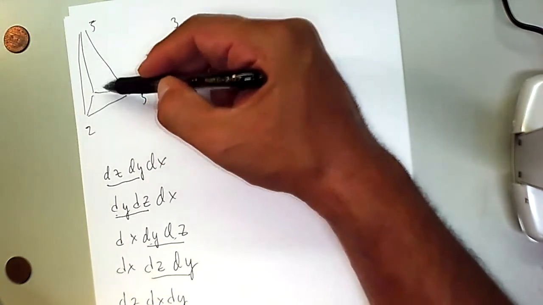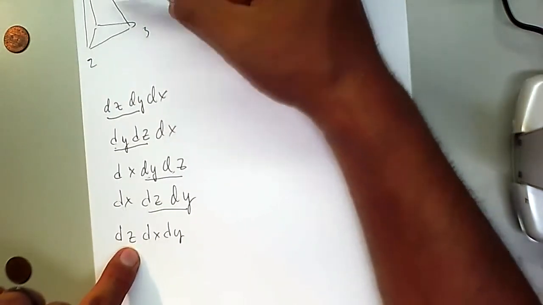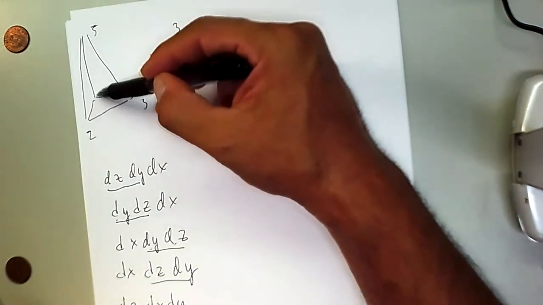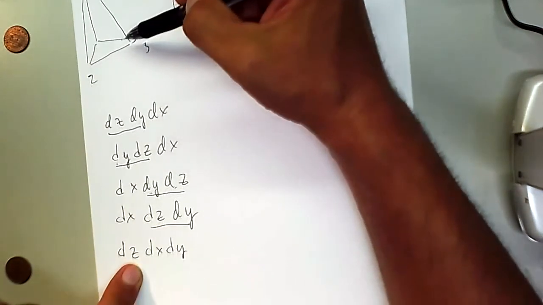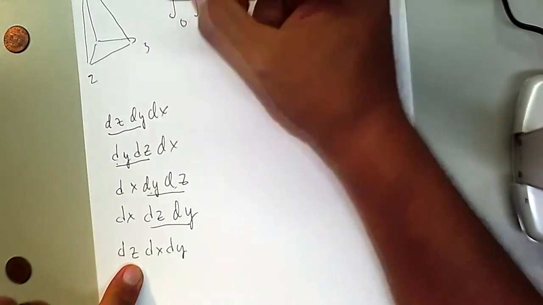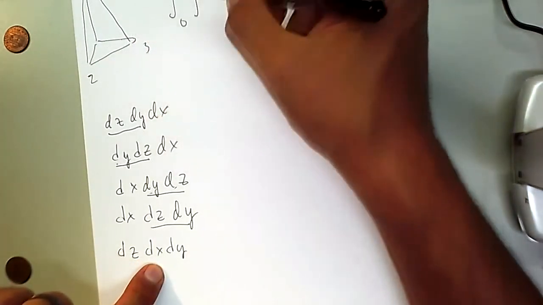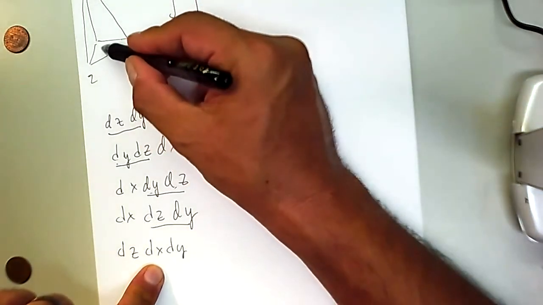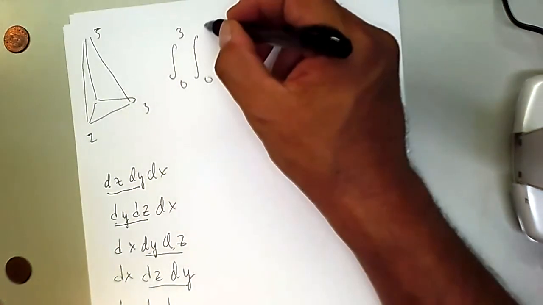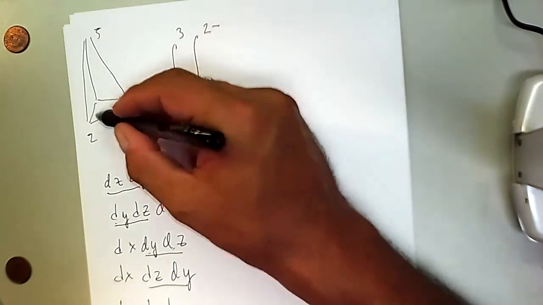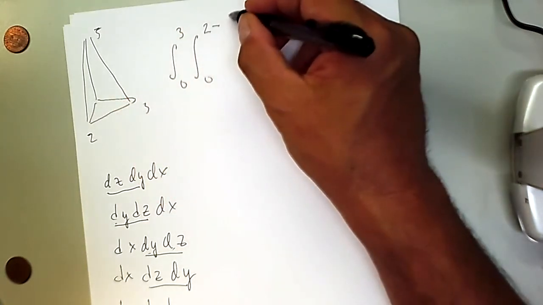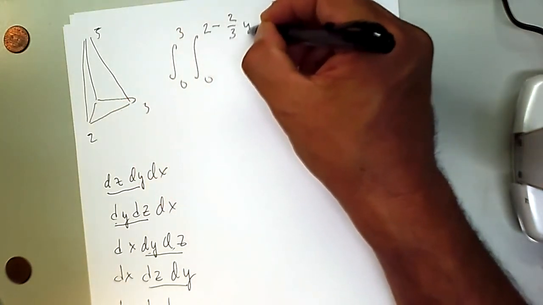The z is gone. If we do z first, the z is gone. So we have this triangle on the bottom. Okay, and so we would be integrating x from 0, and the most x can be is 2 minus 2/3 y.